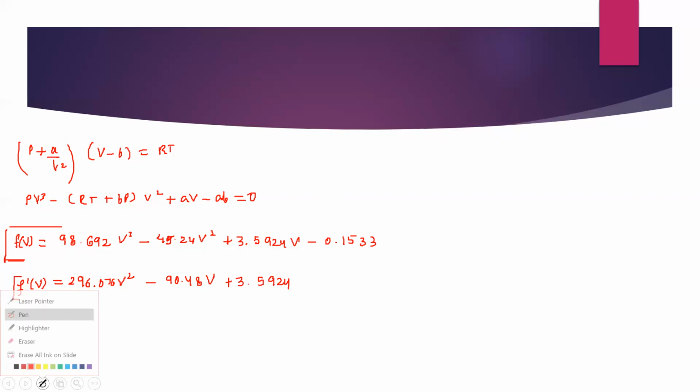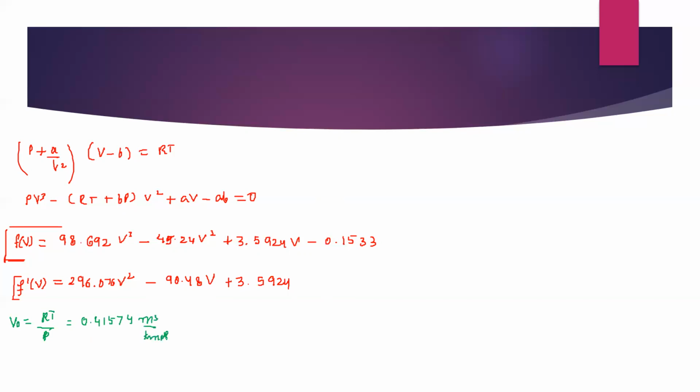Now the next step was to calculate v naught, which is basically the ideal volume. That is equal to RT by P. So we have the values of R, T and P. So we get V naught is equal to 0.41574 meter cube per kilomole.